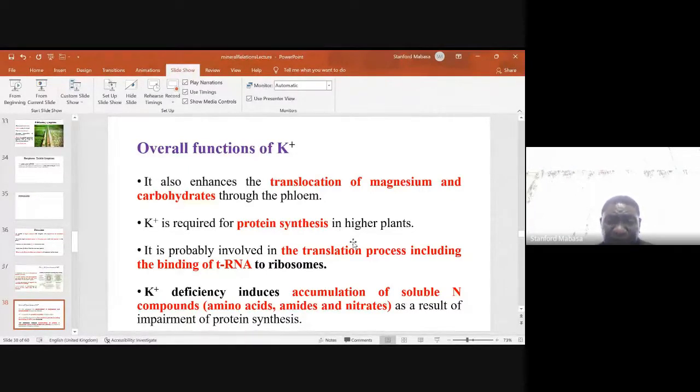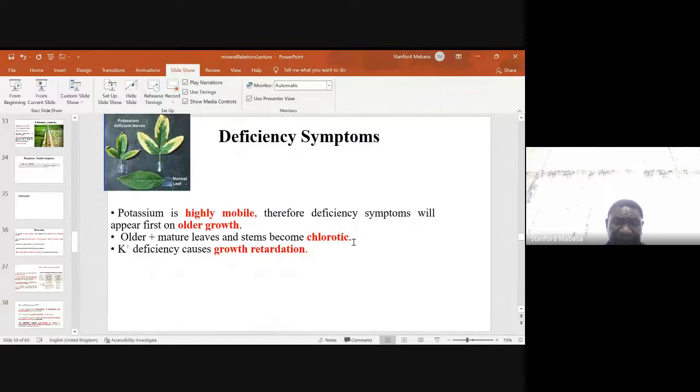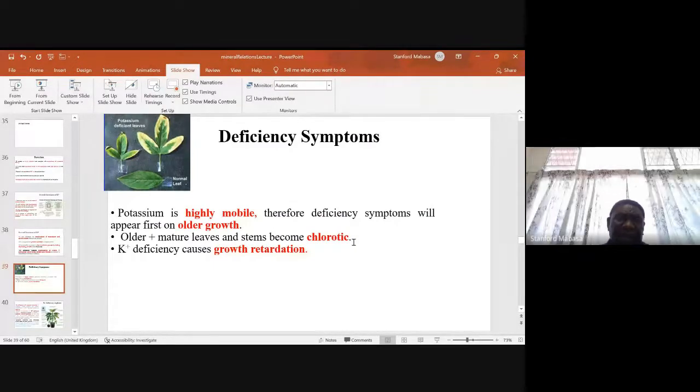Potassium deficient symptoms induce accumulation of soluble N compounds, amino acids, amides, and nitrates as a result of impairment of protein synthesis. Now, the deficient symptoms of potassium.